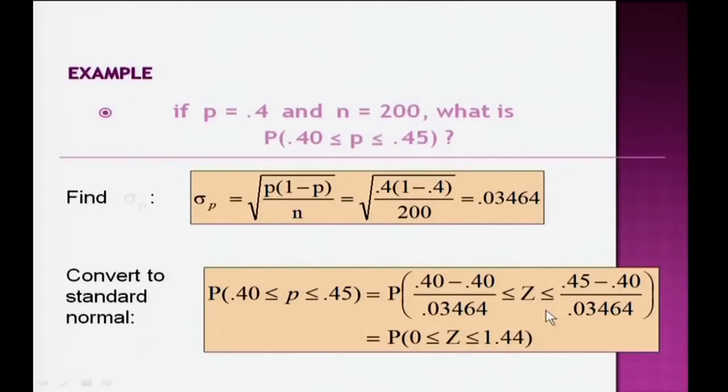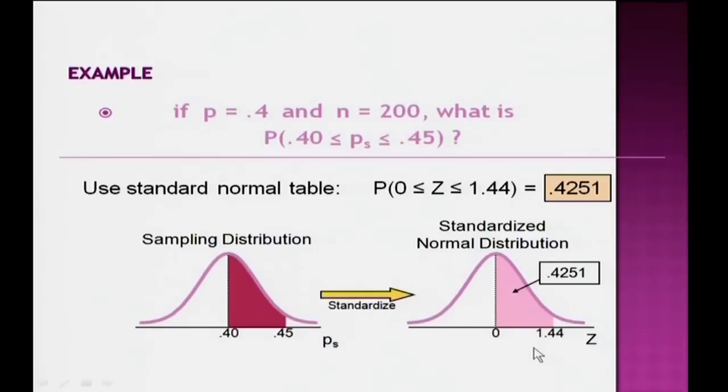So, in any of these situations, whether normal distribution, sampling distribution of mean, or sampling distribution of proportion, once you have the values in terms of z, then you need to take assistance of the normal table. So, you just look at the value at 1.44, get that value, put it here, that will be your probability.